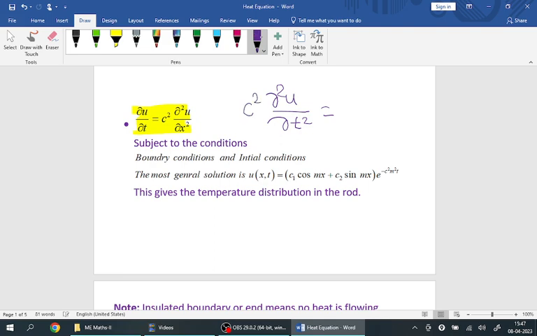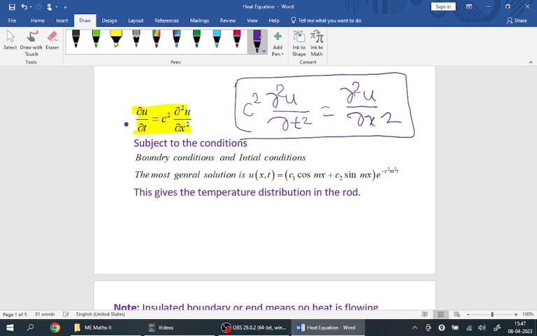So in the wave equation, both the derivatives are of second order, with respect to time t and with respect to displacement x. But in the heat equation, we have the first order derivative with respect to time. So that is the identification of wave and heat equation.